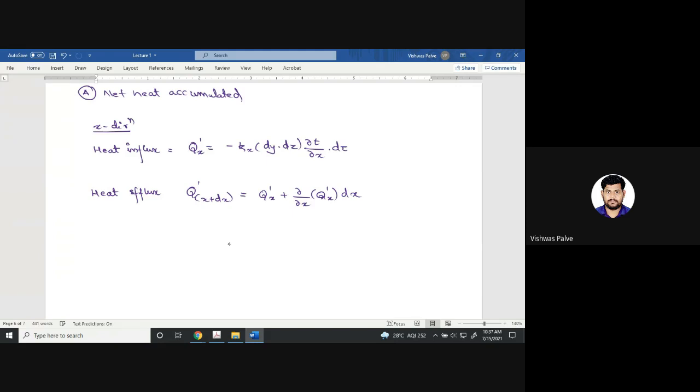That will be the heat flowing out of the body. So this is the heat which is flowing inside the body. This is the heat which is moving out of the body.